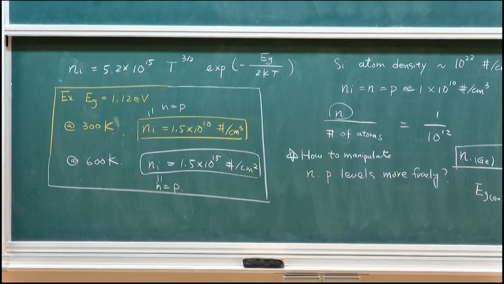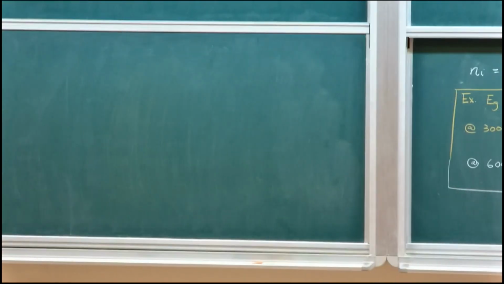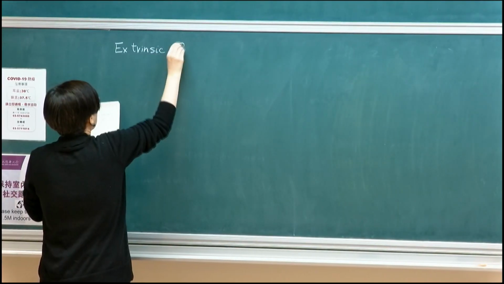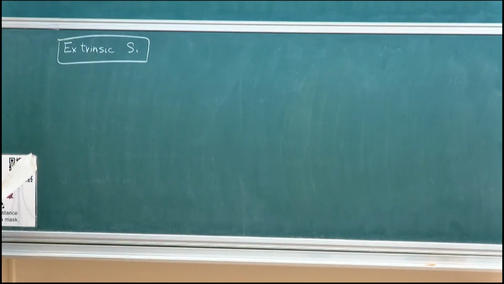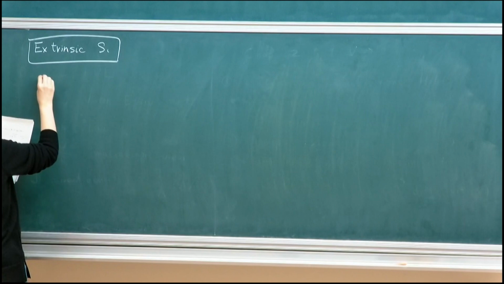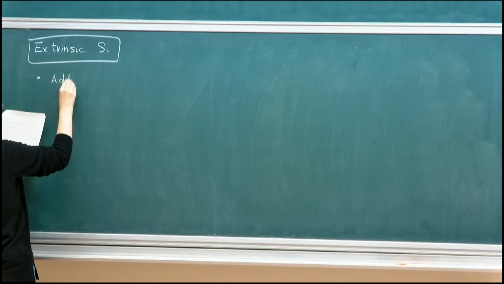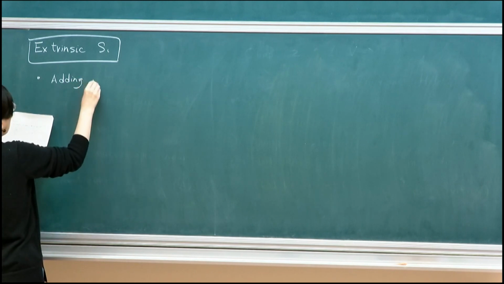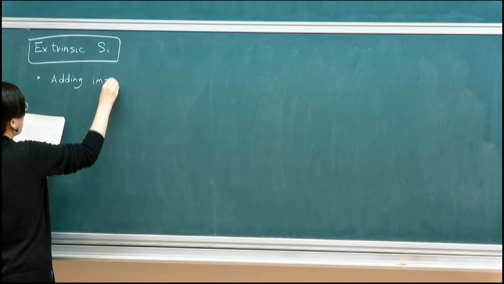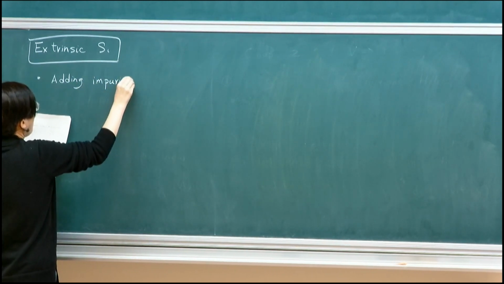So the next thing we want to do is something called an extrinsic semiconductor. This is done by adding what we call impurities. There are two types of impurity.